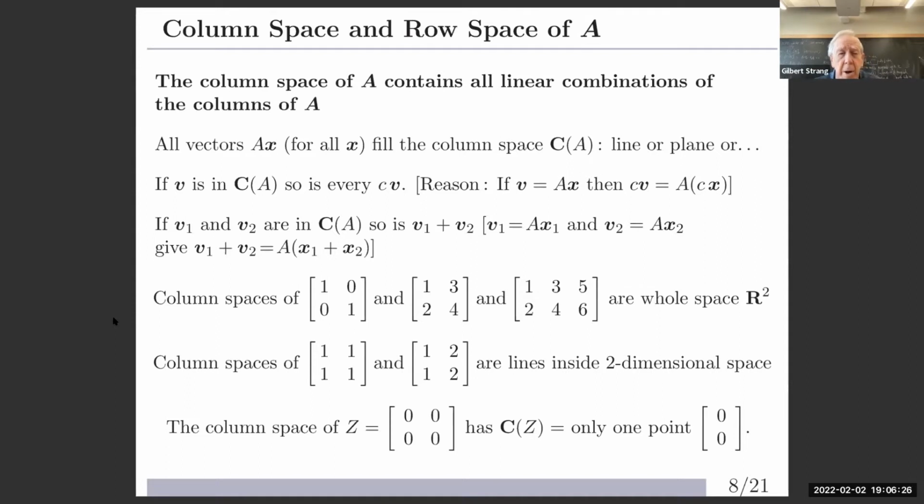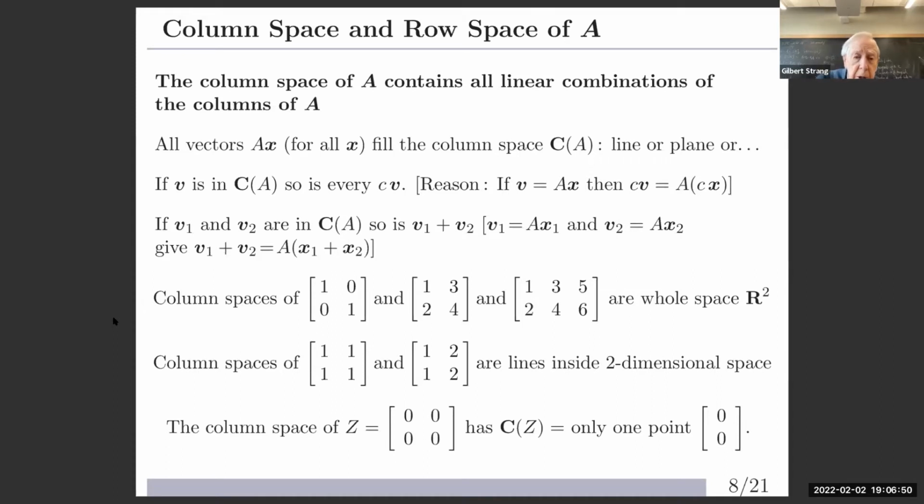The column space contains all combinations of the columns. It's a flat plane or a three-dimensional surface or just a line.